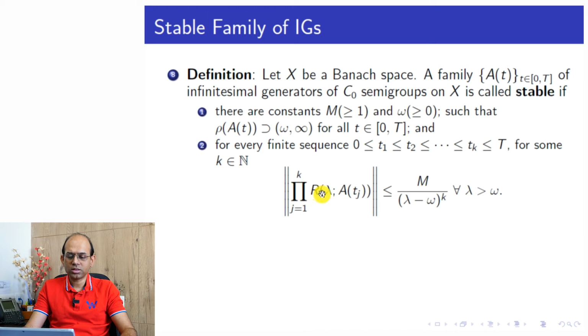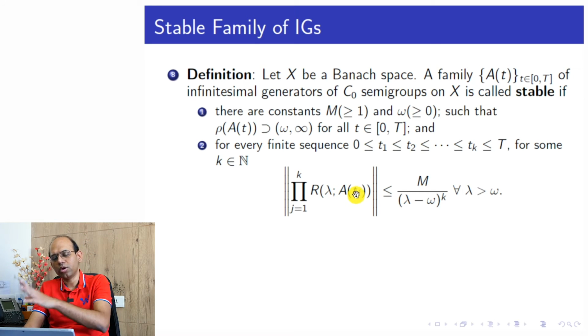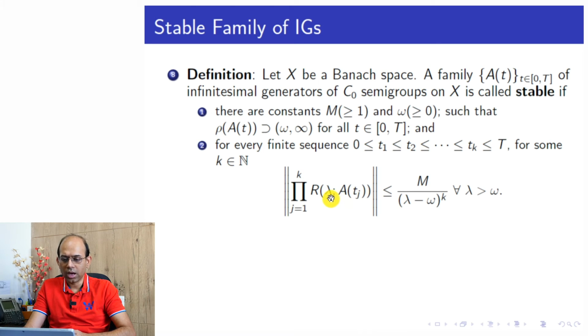It should be read in the following manner: R(lambda, A(t_k)) composed with ... composed with R(lambda, A(t_1)).